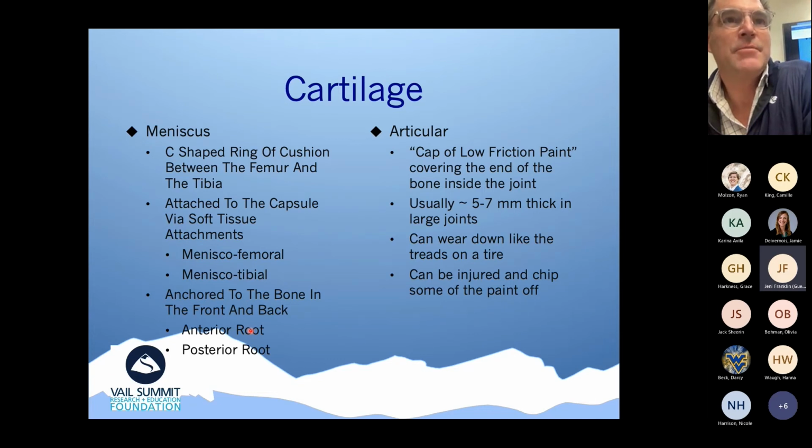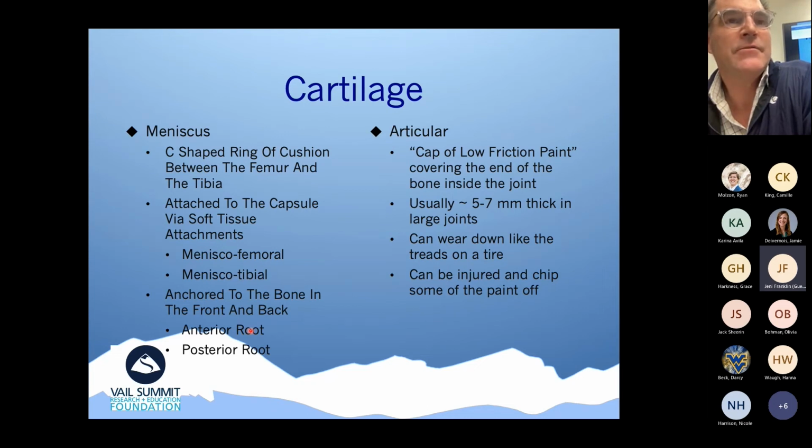So the capsular expansion is also a meniscotibial ligament, and that can lead to a little bit of confusion. But you've got meniscofemoral, meniscotibial, and that's how the meniscus is attached to the joint and held in place, with the exception of its being anchored to the bone in the front and the back, and that's called the anterior root and the posterior root.